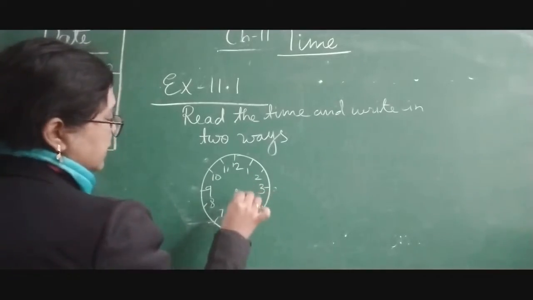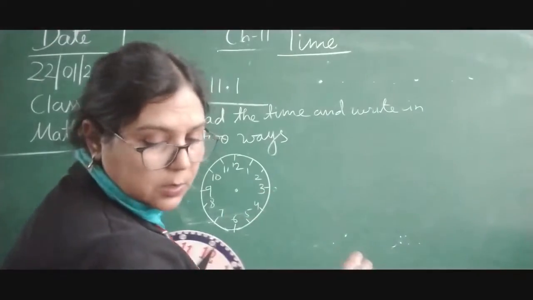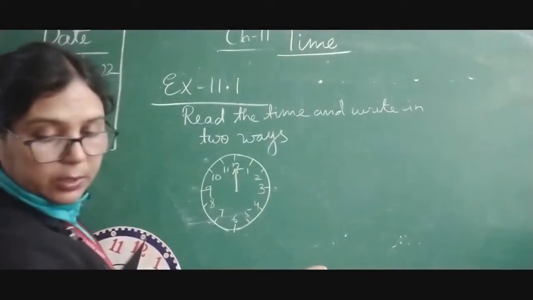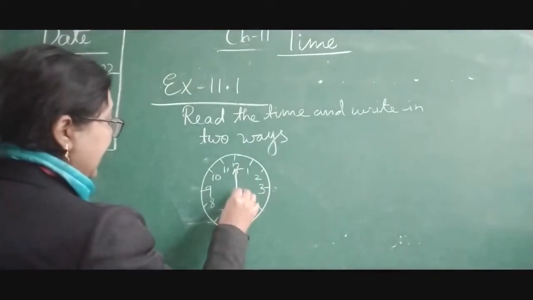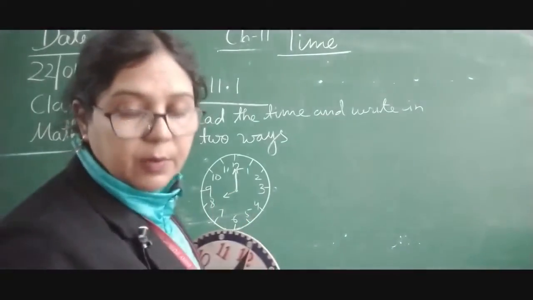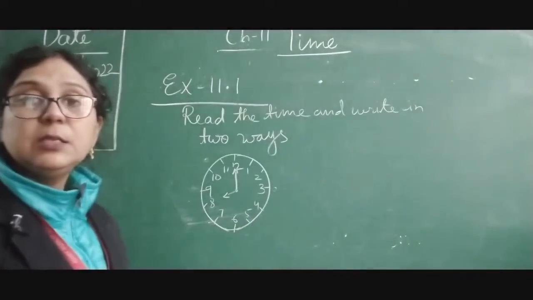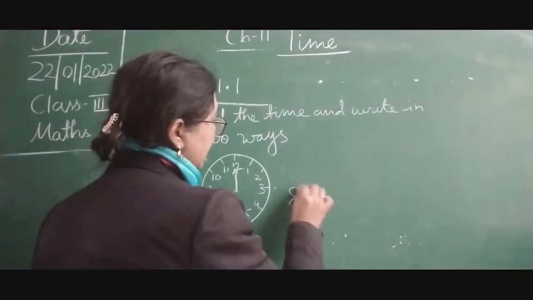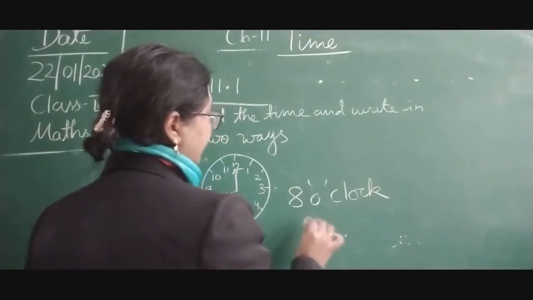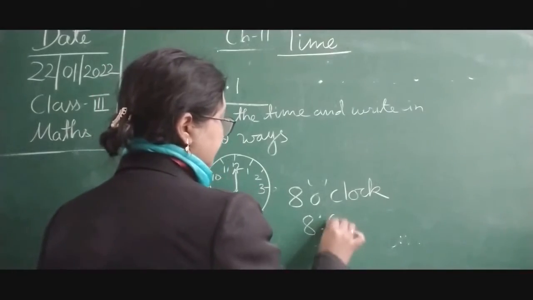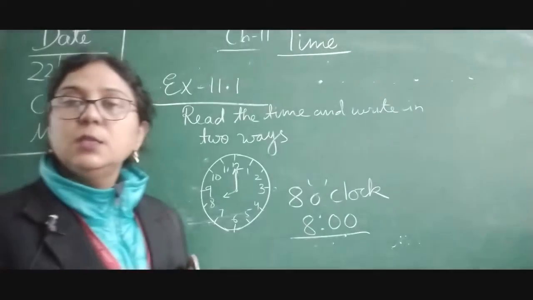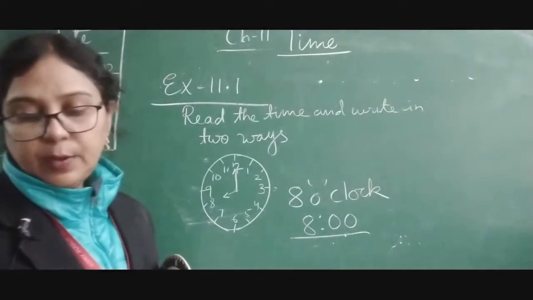So children, in this clock the minute hand is at 12 and the shorter hand, or you can say the hour hand, is at 8. So here we will write 8 o'clock, because this is 8 o'clock. We will write it in numbers like this, 8 o'clock. Okay. So now children, this is how we can do it.